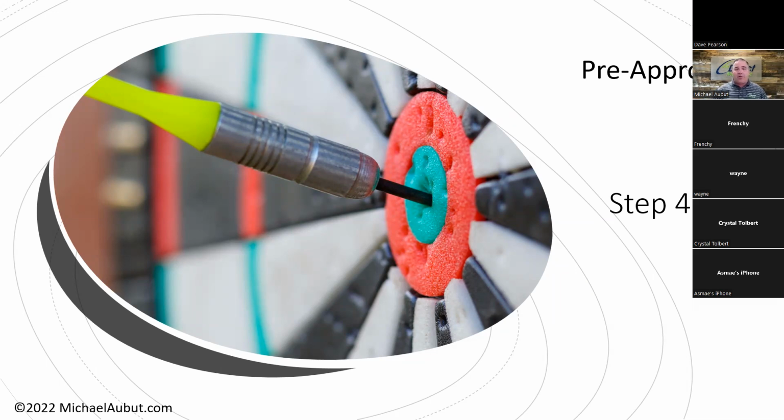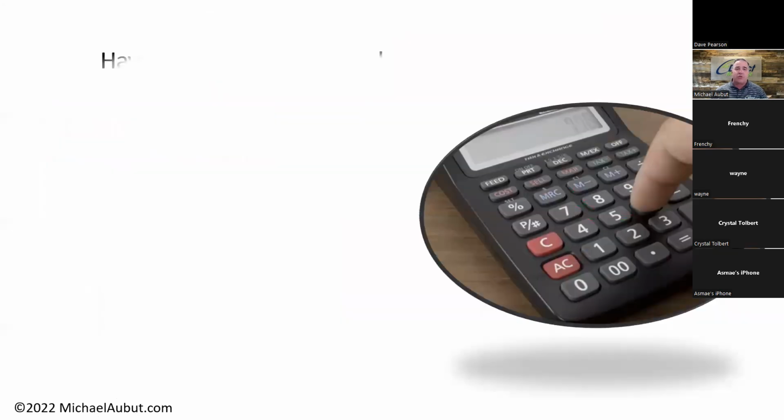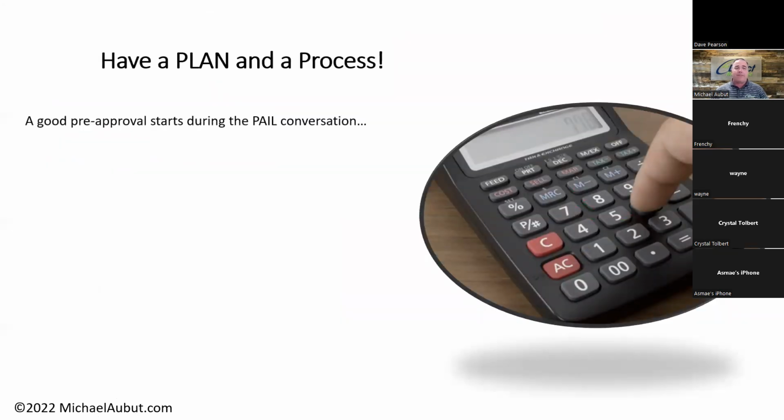Maybe they did an online loan app and sent us at least some income documents. So now what? Guys, you're going to hear me say this about everything we do. A good pre-approval starts with the PALE conversation. So make sure you have accurate and valid income calculations, which we talked about last week.